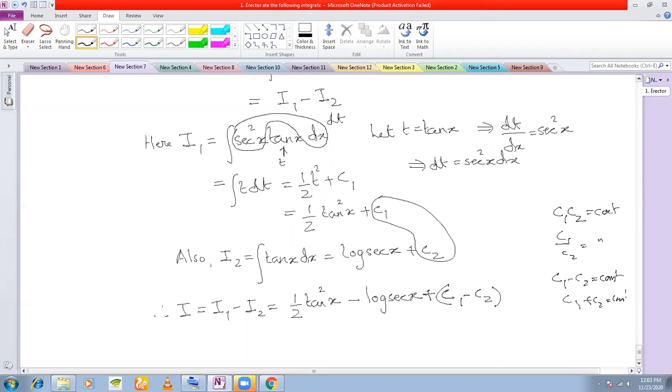You are not bothered about the value of the constant. You simply want to see whether it is a constant or not. So whether you write C1 minus C2 or simply C, it will not make any difference.